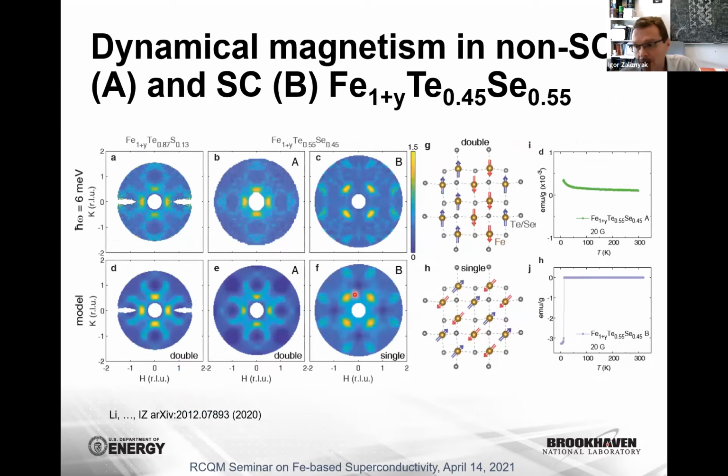All right, so in order to understand what's happening, we took two big samples with slightly different iron composition, and measured magnetic neutron scattering on those. These are shown on the two right panels here.